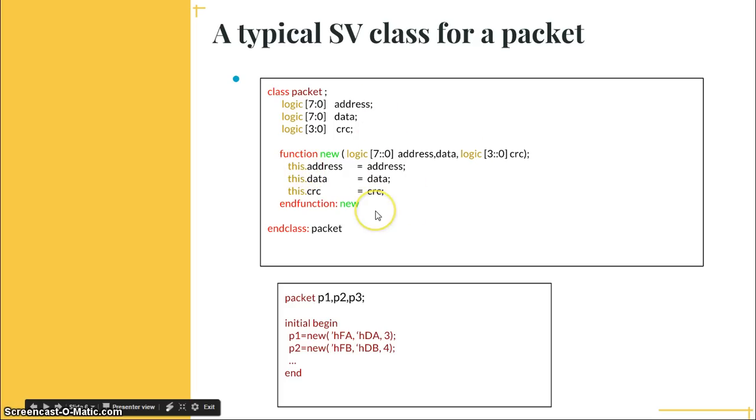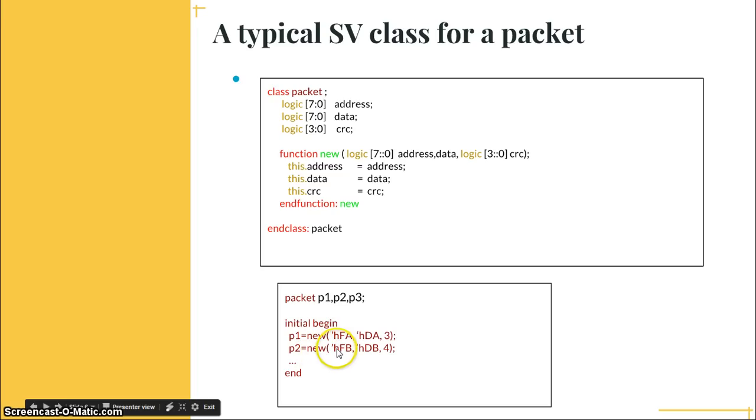All these are the basics of SystemVerilog object oriented programming, which I am not explaining here. Here you have defined a class named packet. Now if you want to send different data packets to your DUT, you have to create objects of this packet with different values for the address and data. So here three different objects are declared like packet P1, P2, P3, and within an initial begin the objects are created like P1 is equal to new, P2 is equal to new, and so on.